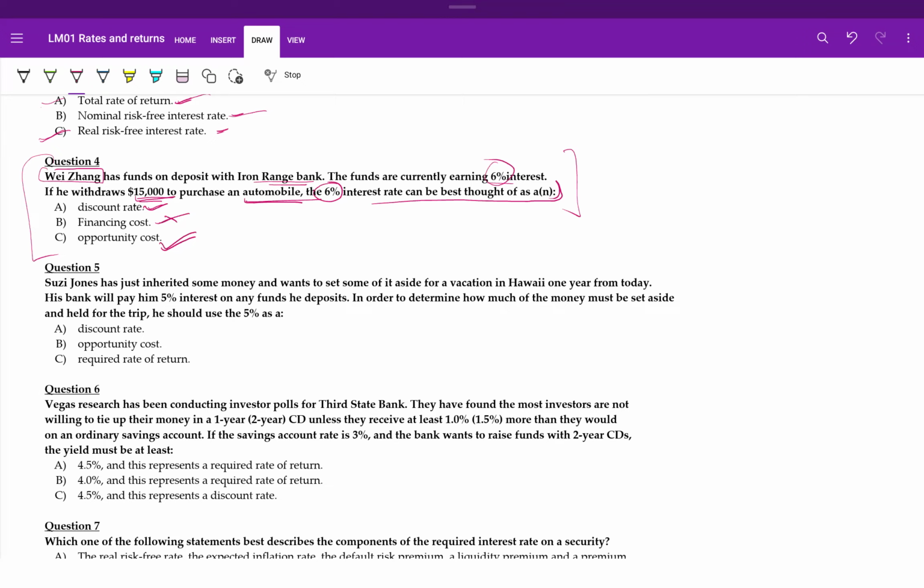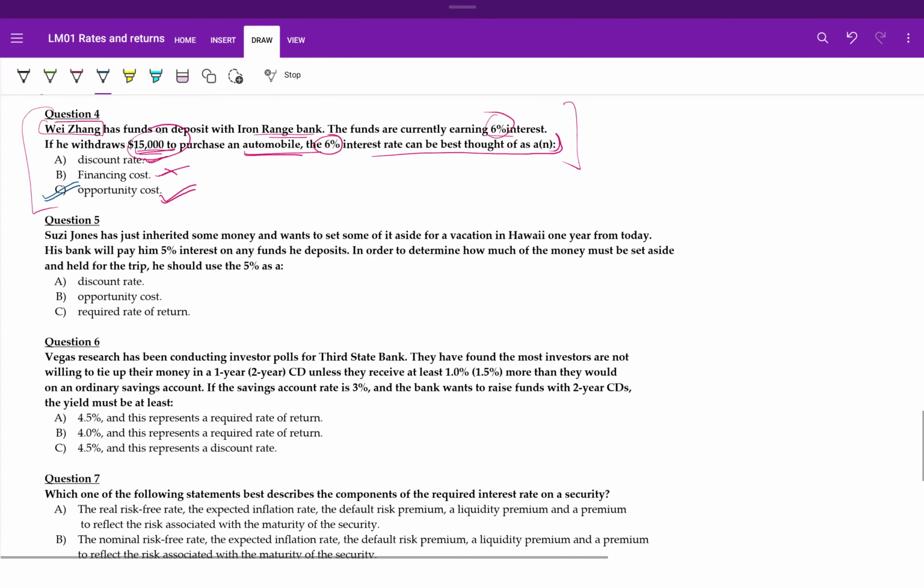He's not doing that, but is consuming the $15,000. So this is representing opportunity cost. Best thought of as an opportunity cost.